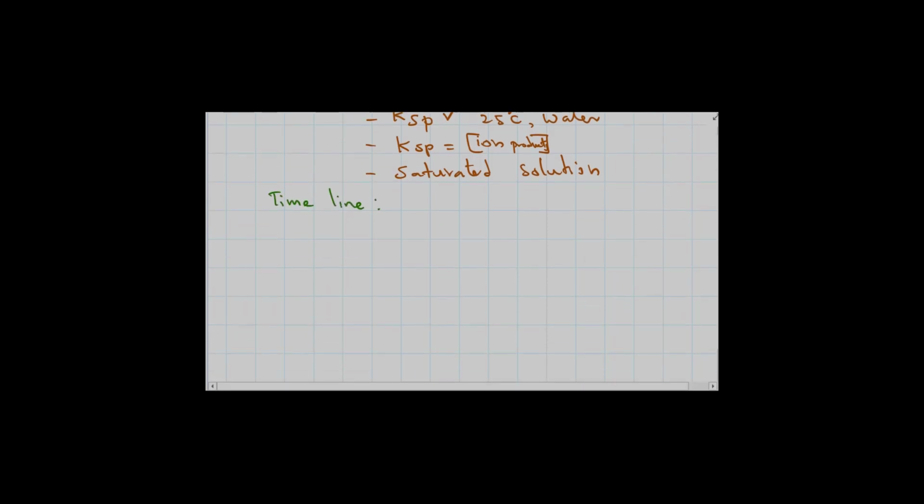Let's look at what's happening in the beaker with a given timeline. If I take four snapshots, from the very beginning and after some time: at the very beginning you have the solute and pure water, then it starts to dissociate, and it keeps dissociating, adding more and more cations and anions. Eventually some precipitation settles at the bottom.